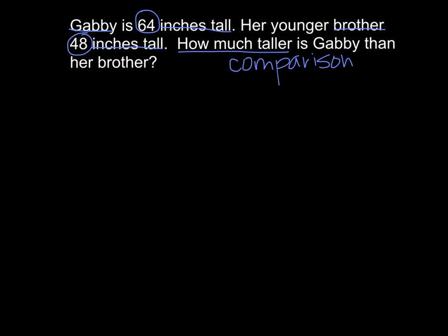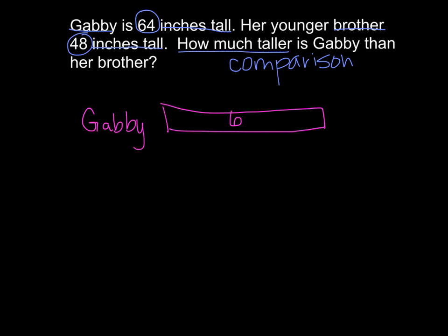With a comparison, I need two bars. I'm going to have, in this case, Gabby's bar, and her bar is going to show her 64 inches. And then I'm also going to have her brother's bar. And her brother's bar is going to be 48 inches.